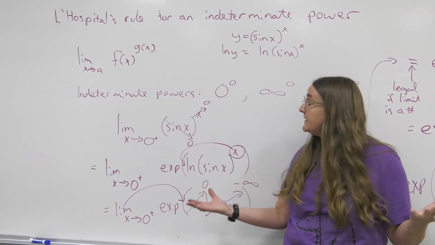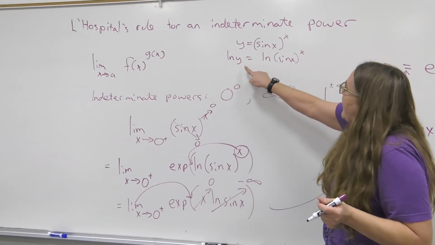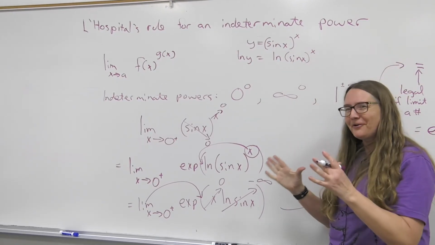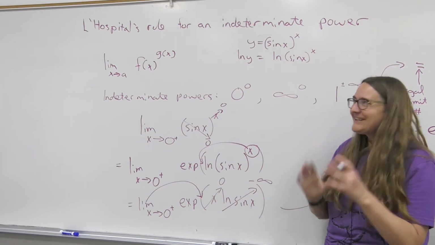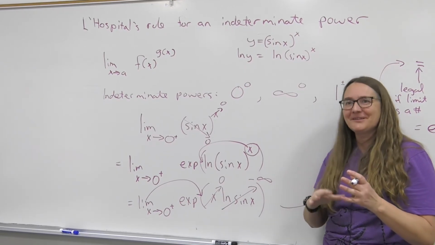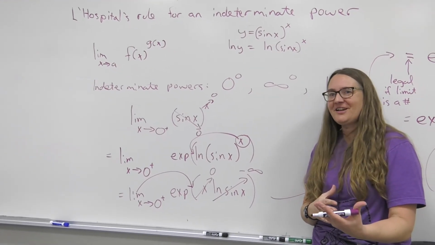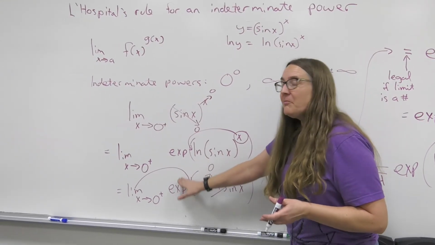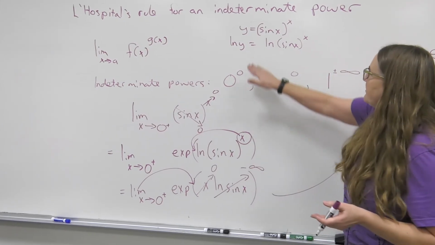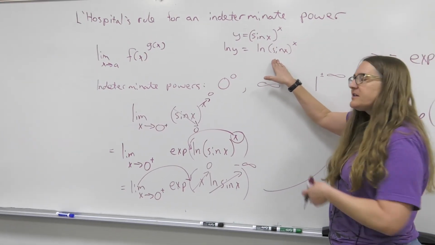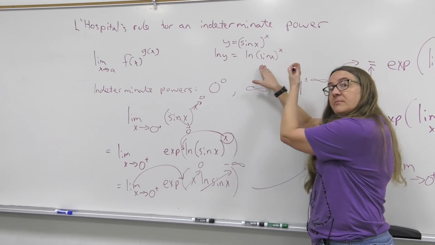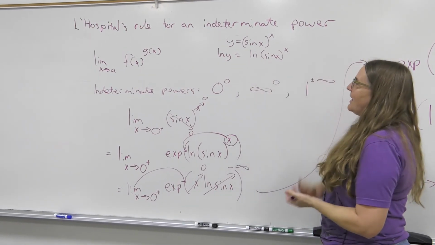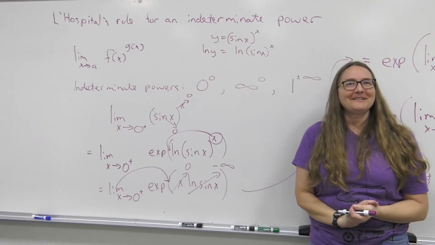So that's totally legal, okay? And it's legal then to try to take the limit of this, but then you have to remember at the end, what I've taken the limit of is the natural log of y. What I wanted to know was the limit of y. You need to exponentiate. So my preference is to write this all along. But you'll see lots of people who do it by simply taking the log first, working with this, and then remembering to exponentiate at the end. All right, that is our first indeterminate power.